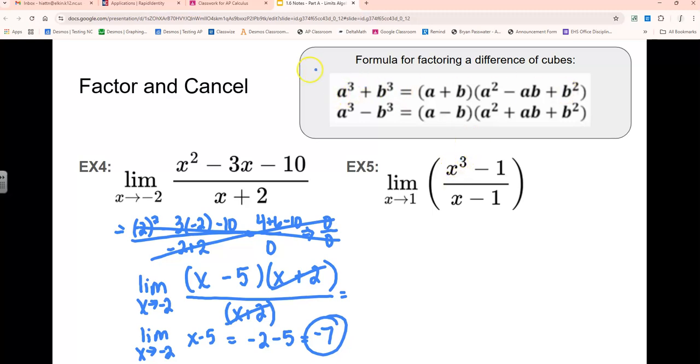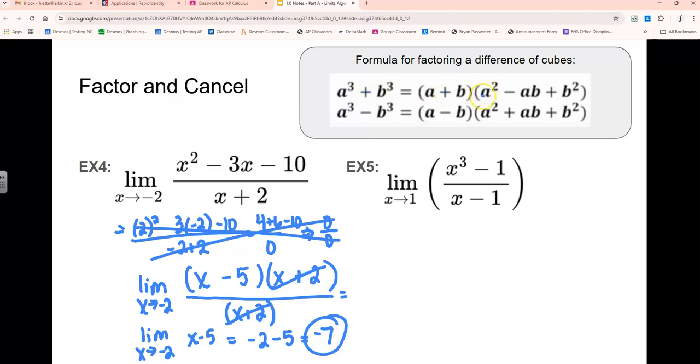The formula for factoring a sum or difference of cubes is that if you have a cubed plus b cubed, I really shouldn't have said difference. I should say sum or difference here. If I have a cubed plus b cubed, I can factor it like this. It would just be regular a plus b. Sign stays the same in that first parentheses.